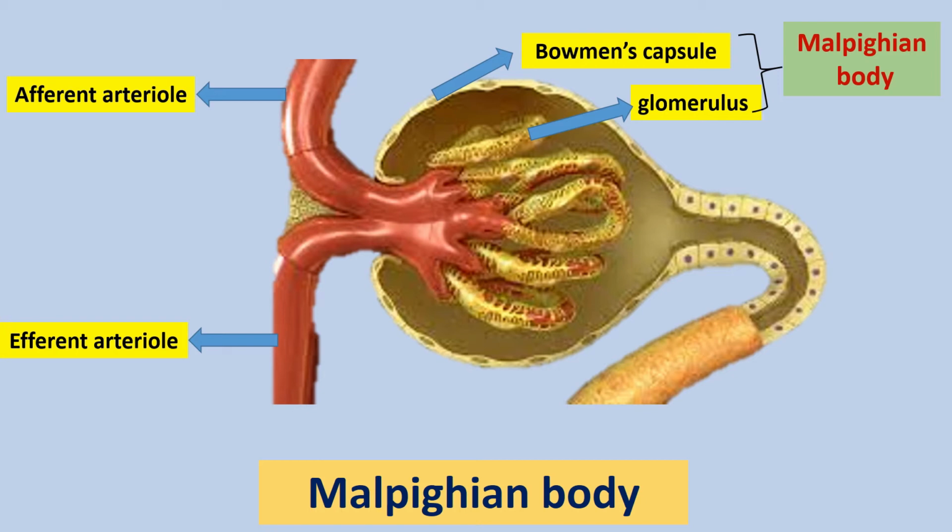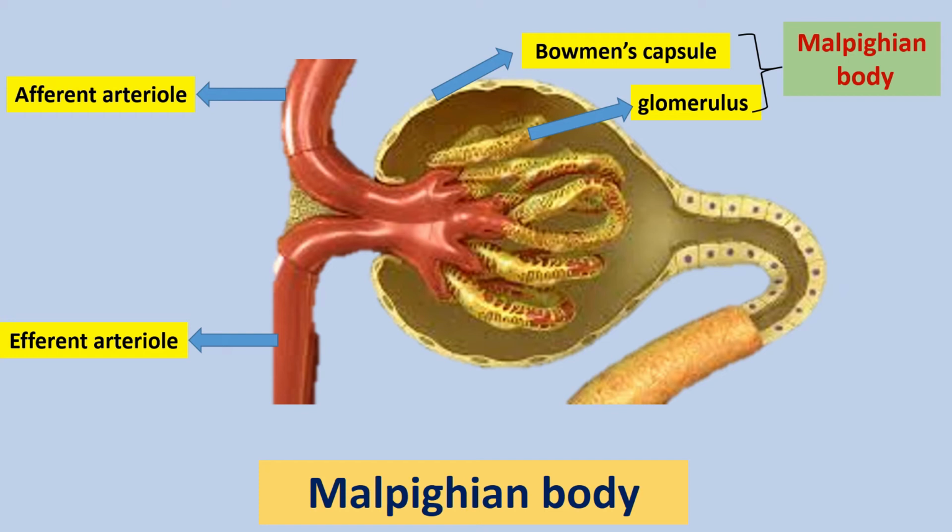The narrower efferent arteriole creates pressure in the glomerulus, and it functions as a filtration unit. The Bowman's capsule, which accommodates one glomerulus, is lined with a single layer of squamous epithelial cells called podocyte cells.